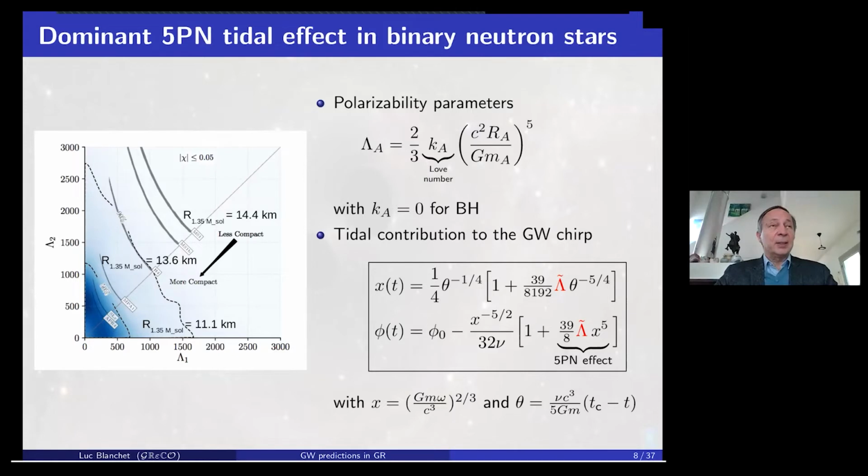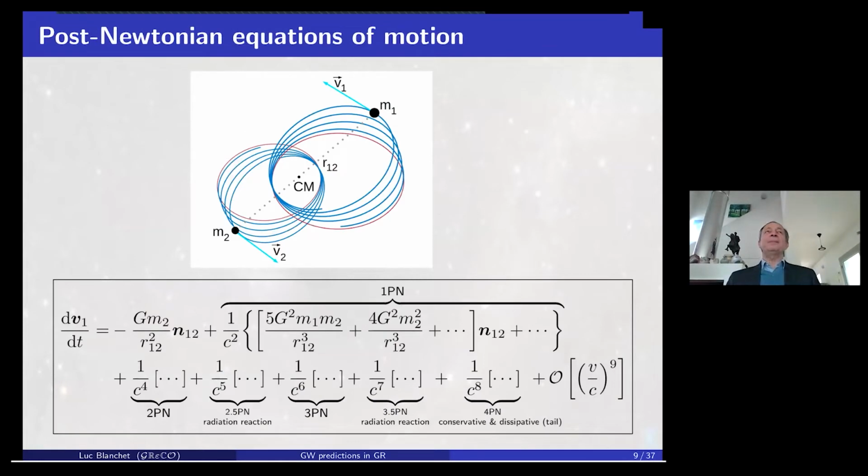I will neglect all spin effects, the effects of the two spins of the two compact objects, that are known by many works, and I will not discuss that at all. Okay. So besides the flux generated by the compact binaries, you also have the motion to be solved.